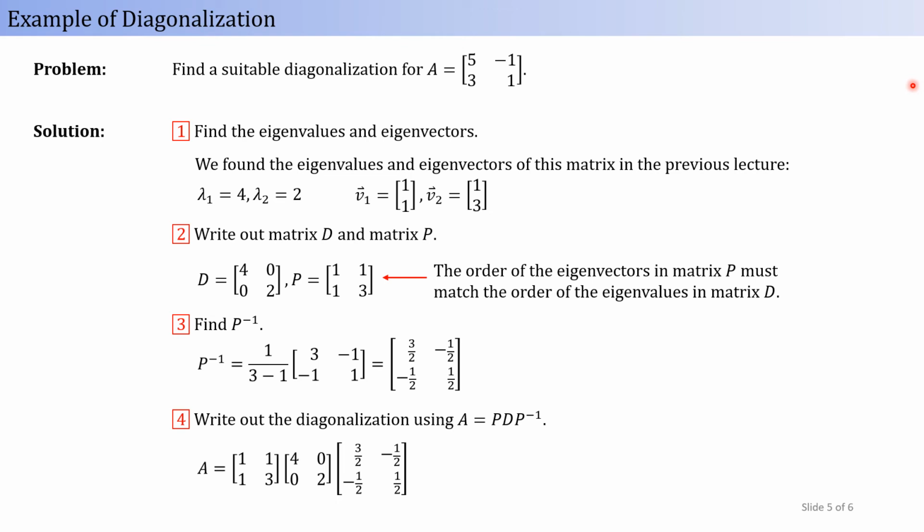Now, another word about this: notice why did they ask to find a suitable diagonalization, not find the diagonalization? It's because there are an infinite number of possibilities. Not only because you get to choose the order that you write the eigenvalues, but remember that the eigenvectors were based on the value of the free variable that we chose.